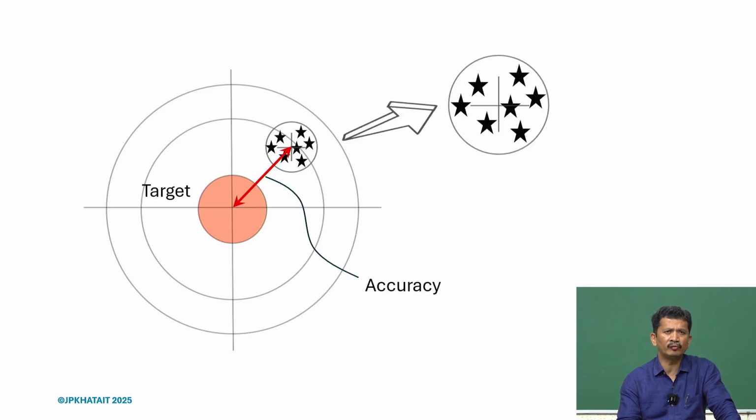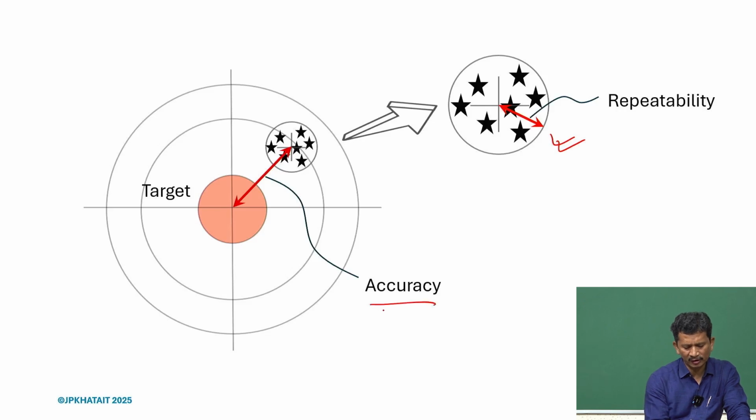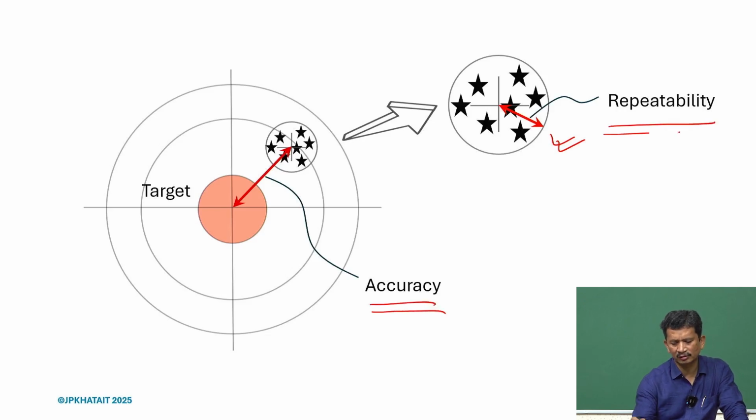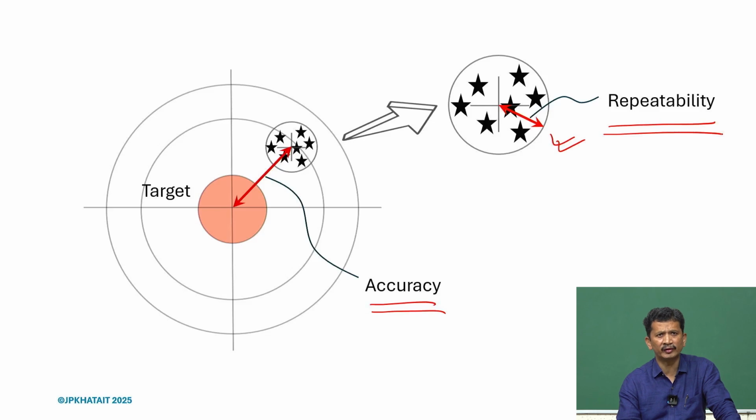But when we zoom in and look at the different events, we realize they are clustered around, and the radius of that circle is called repeatability. I think it is very important to understand these two parameters, repeatability and accuracy.